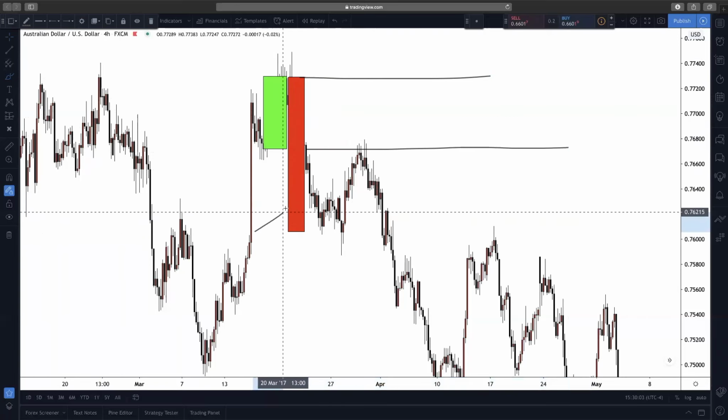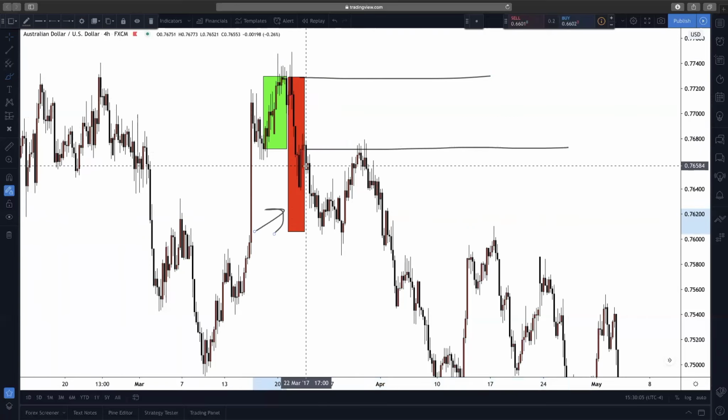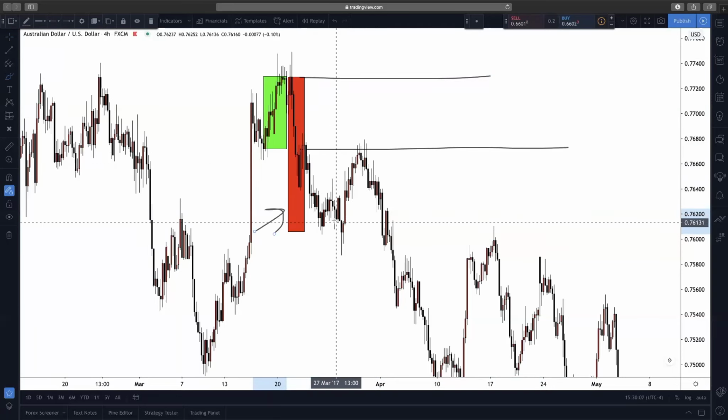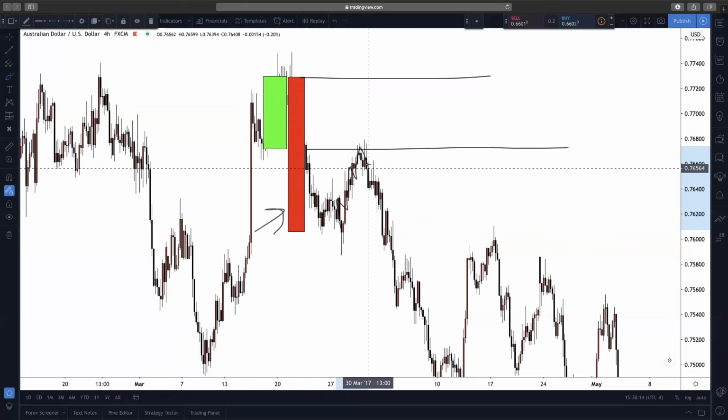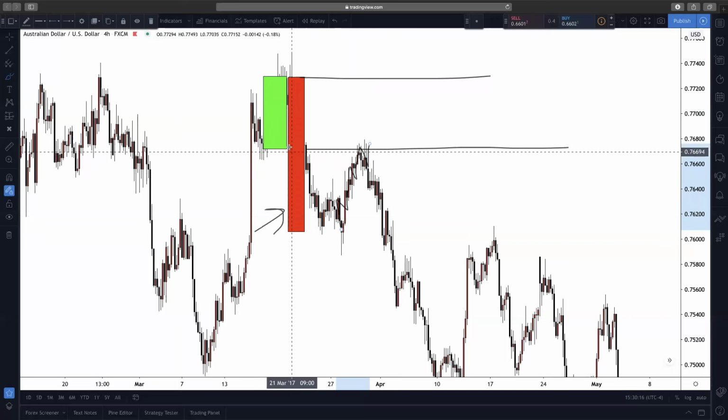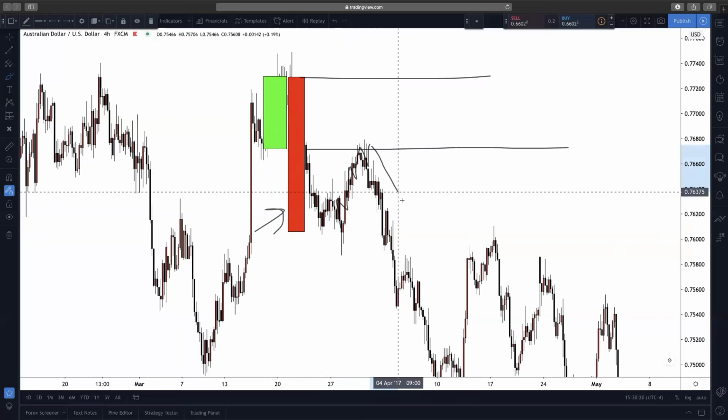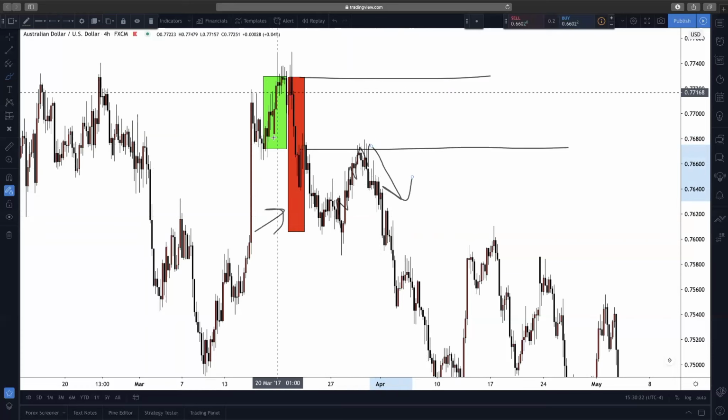Here, only sellers are being fulfilled, and price would do as I said earlier, correct, fill in that inefficient price action, come back up here to where it was last balanced, go back down, right?